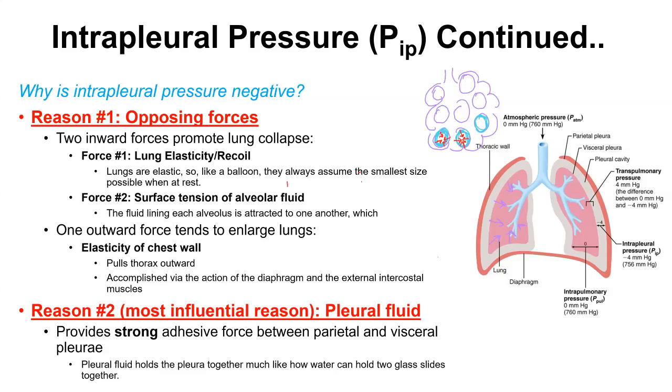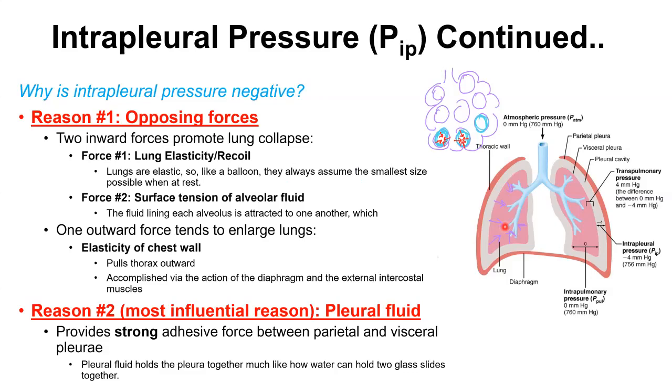And if you think about this on kind of a grand scale, if all of the alveoli collapse, then ultimately what happens is the lungs would collapse as well. So there's also that force kind of tugging and making the lungs want to collapse to their smallest size.